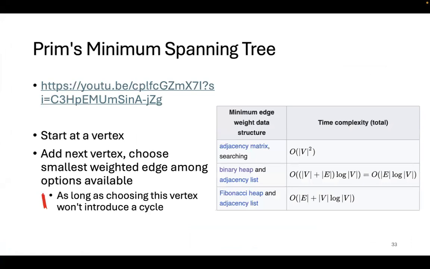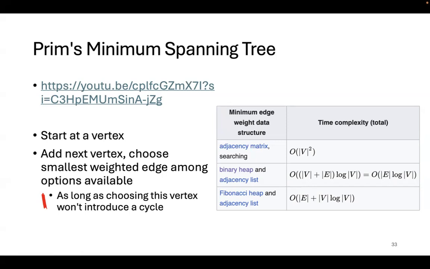Okay, so we're looking at minimum spanning tree, which is how can we find a spanning tree of a graph that covers every vertex, but doesn't have cycles. And when we're looking with weighted graphs, how can we choose those edges so that the weight of the tree, if we add it all up, is minimal, so that we can't find something that has smaller weight.